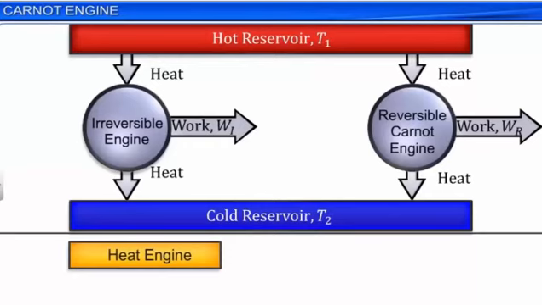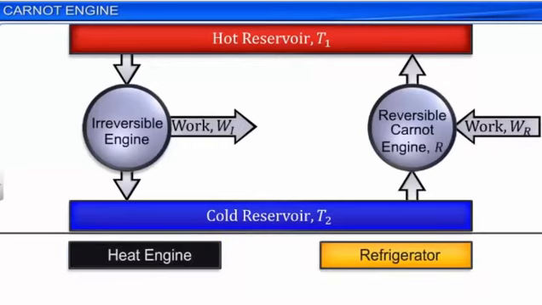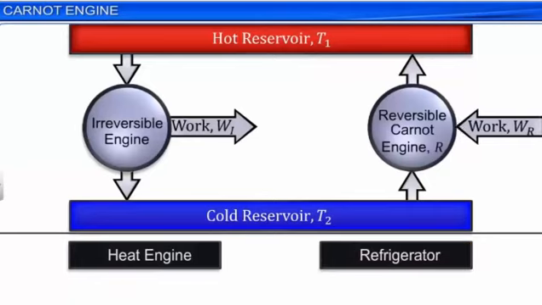Since the Carnot engine is working as a refrigerator, Wr is the work done on the system. Let us assume that the heat engine receives heat Q1 from the hot reservoir and returns some heat Q1 minus Wi to the cold reservoir.